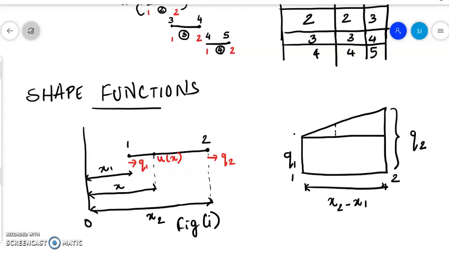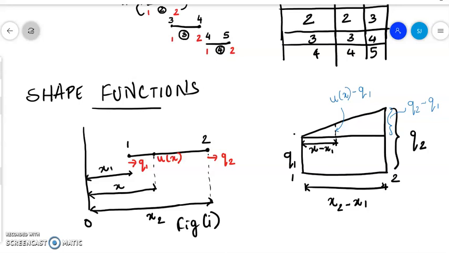Similarly, this length here is x minus x1. This difference here is given by q2 minus q1, and at a distance of x the displacement will be given as u of x minus q1.